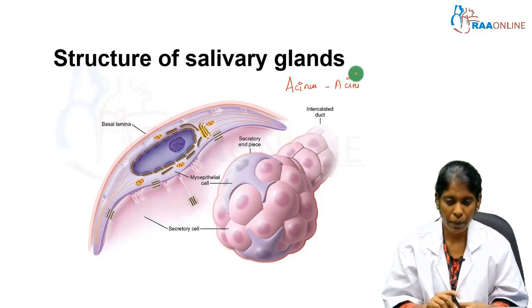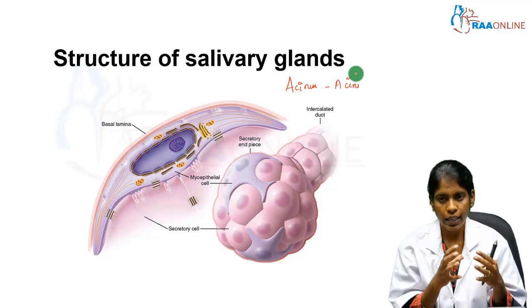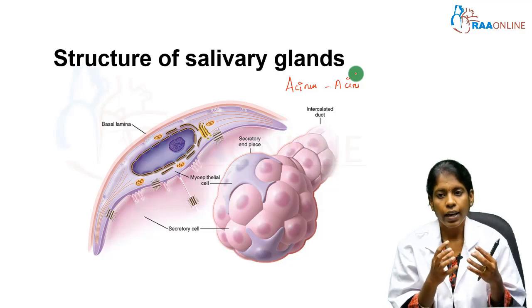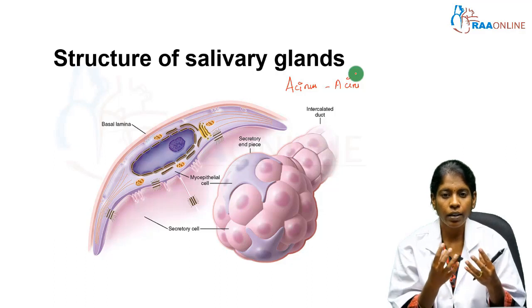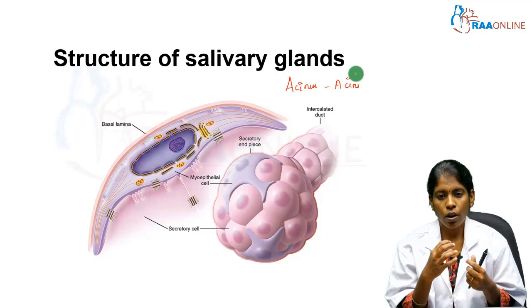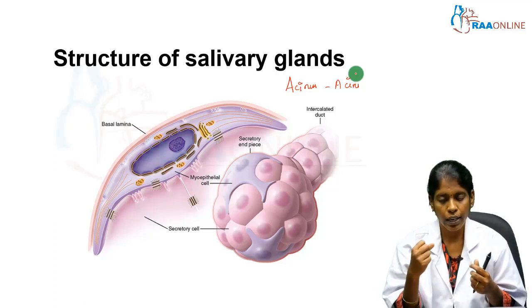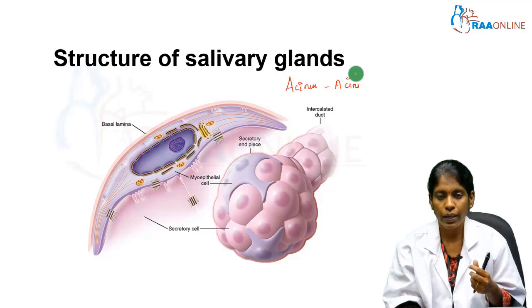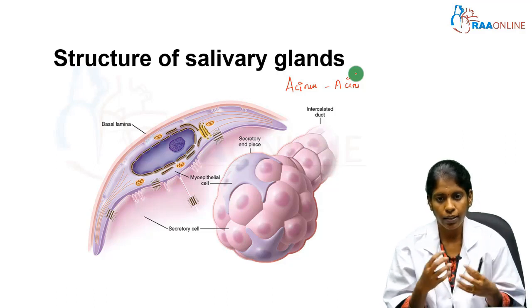The salivary glands are made up of the acinar system, which is nothing but glandular cells arranged in a globular shape, and they secrete the main component of the saliva. Along with that, there are many duct systems which drain the secretion and ultimately expel the contents into the oral cavity. So the structure of salivary glands is made up of the acinar system and the duct system.